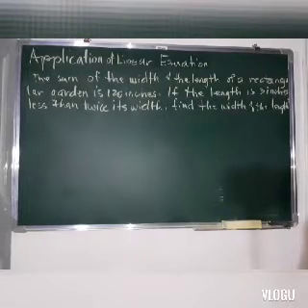Okay, so example number 3, the sum of the width and the length of a rectangular garden is 120 inches. If the length is 3 inches less than twice its width, find the width and the length.